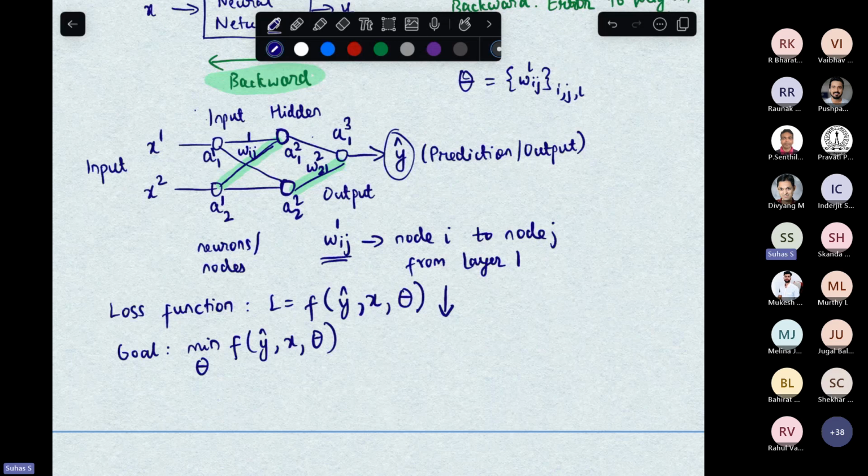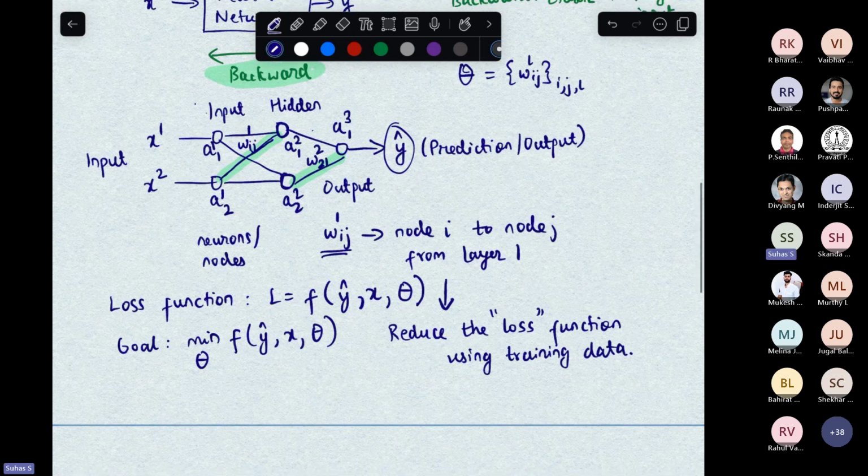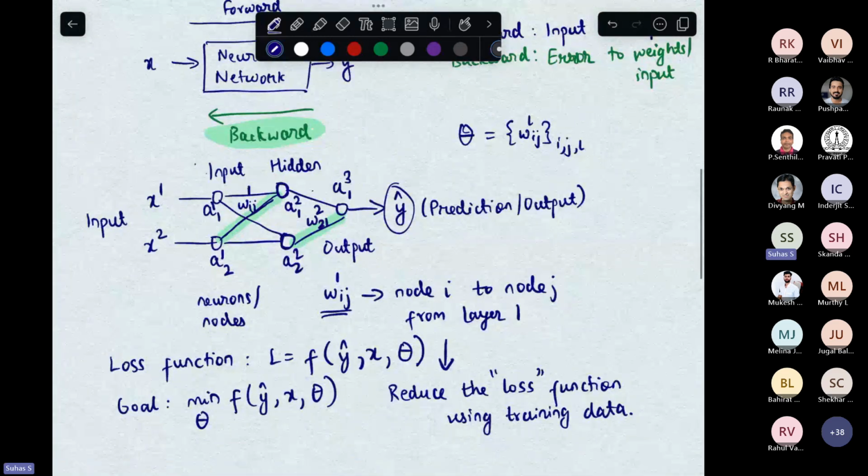You want to reduce the loss function using training data.